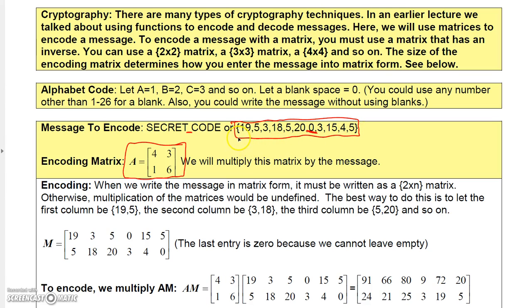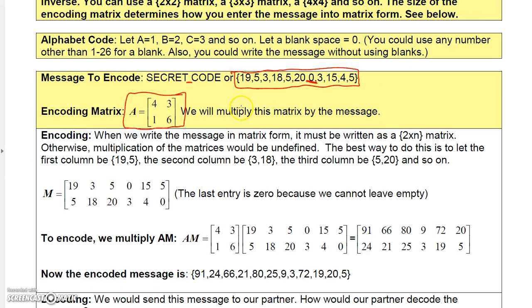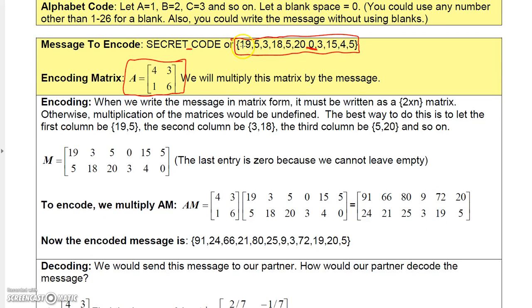The way to write these numbers as a matrix with 2 rows is to take the first two numbers and make them the first column. So 19 and 5 will be the first column, and then the next two numbers, 3 and 18, will be the next column.